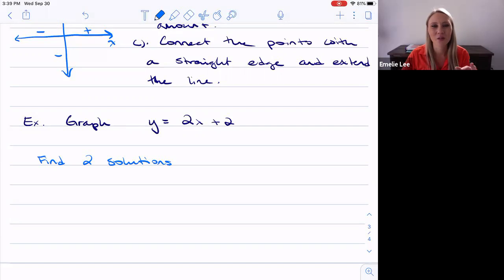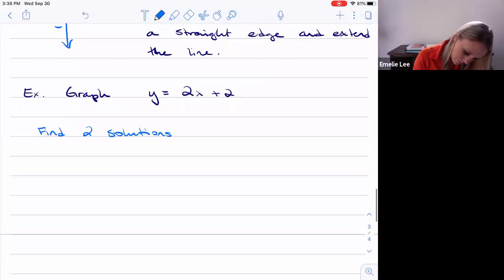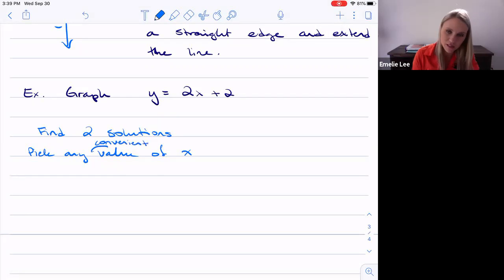So here, what we do is we pick kind of convenient values of x that you feel like plugging into this formula. Obviously, this one's nice and easy, but we can pick any value of x. I would add convenient. It doesn't have to be, but why wouldn't it be?